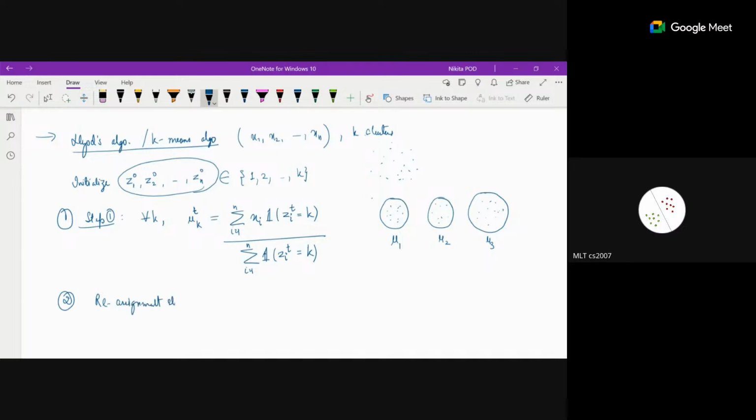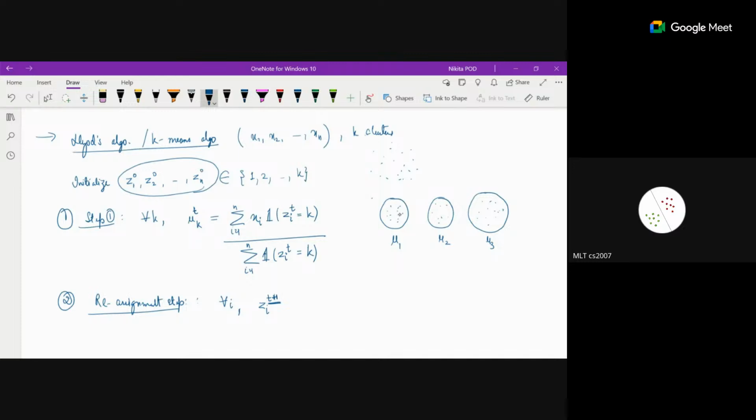In the reassignment step, for every data point, I will compute z_i^(t+1). What does z_i^(t+1) mean? It means which cluster my ith data point will go to in the (t+1)th iteration.